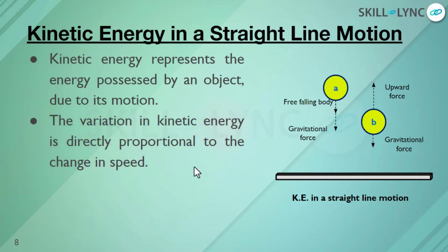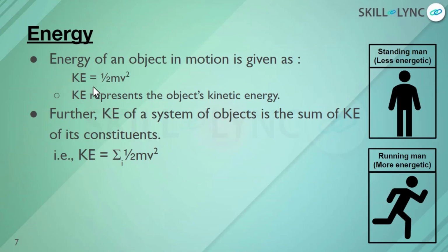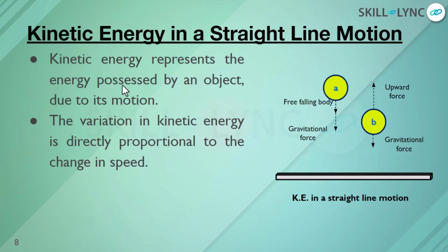As we already know from the previous slide, kinetic energy equals half m v squared. So this means that kinetic energy is directly related to the mass of the body and speed of the body. So does this statement denote that kinetic energy is directly proportional to the change in speed?